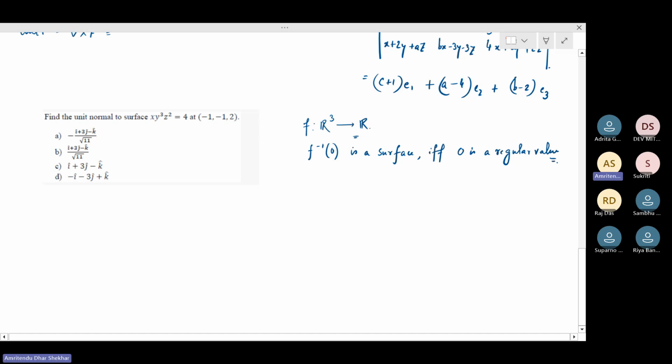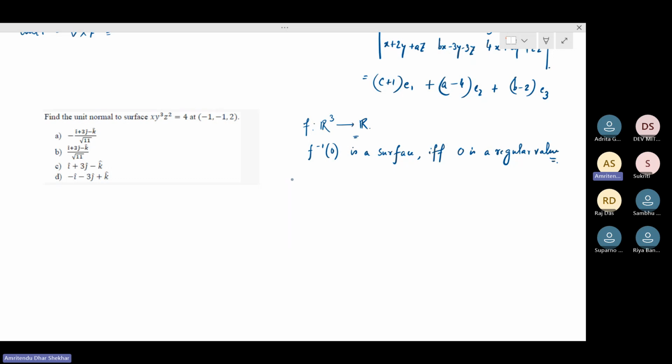Okay, and we also saw last time that if you have a function f for which f inverse of 0 is a surface, then if you compute the gradient of the function at that particular point, the gradient will always be normal to the surface.